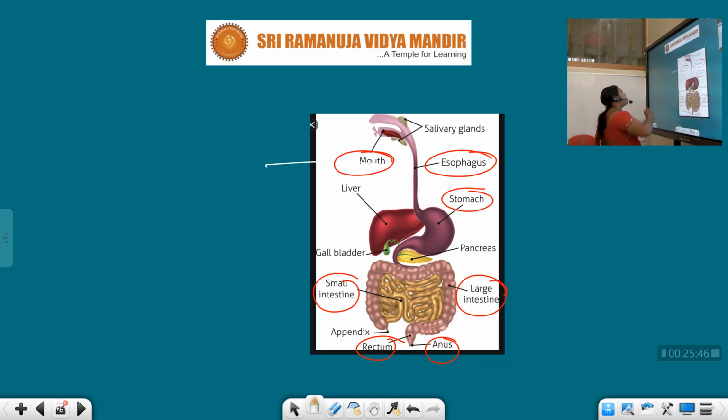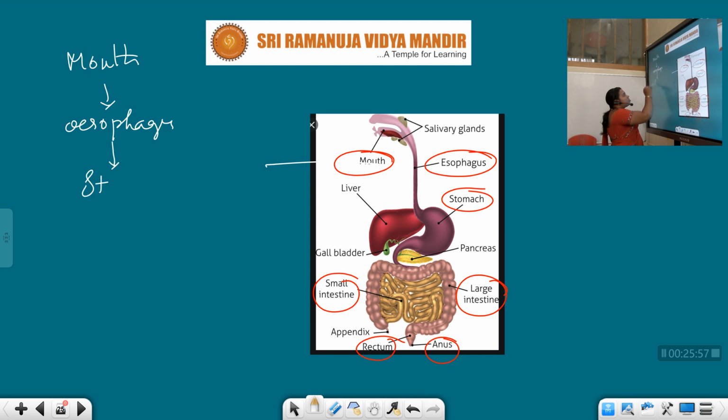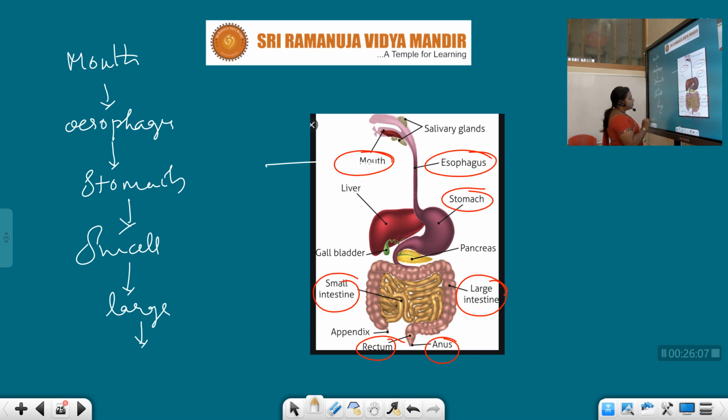First, our digestive system starts with mouth, esophagus. What next, children? Stomach. And next, small intestine, large intestine, and then rectum and anus. You should learn the sequence by heart, children.